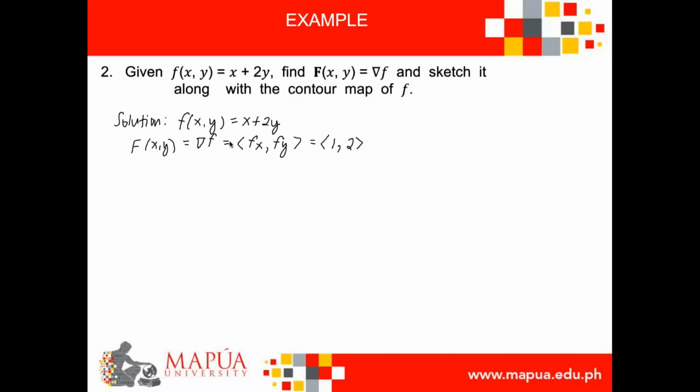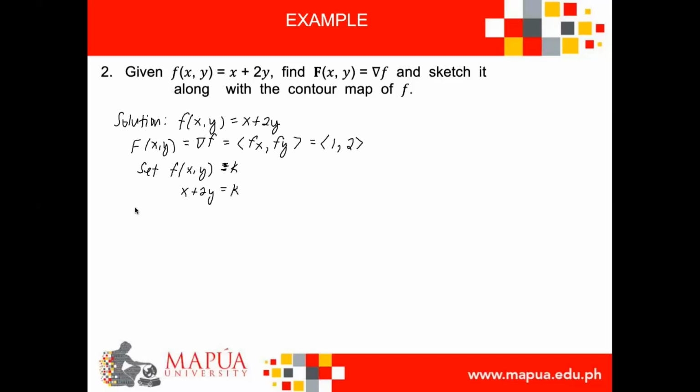And in here, we're going to define now the contour map of your given surface, which is f of x, y equals x plus 2y. So what we will do is to set f of x, y equal to k, so x plus 2y equals k.